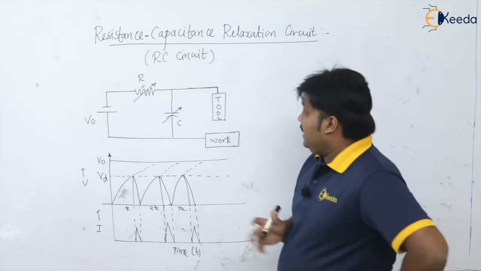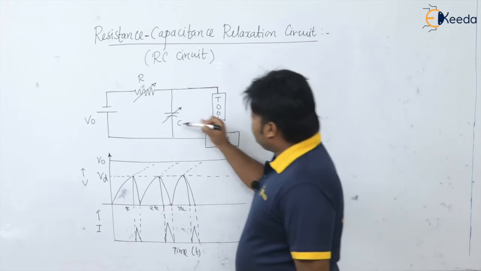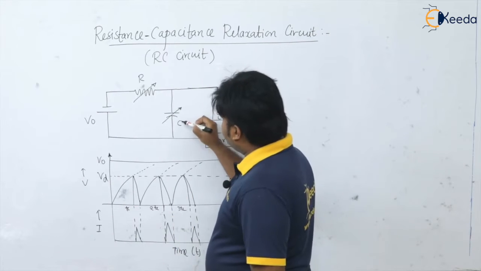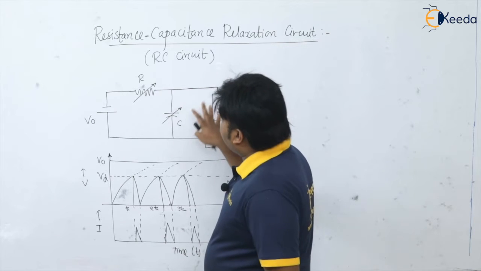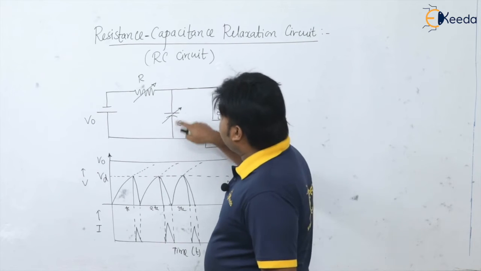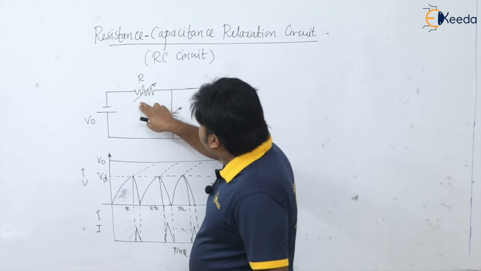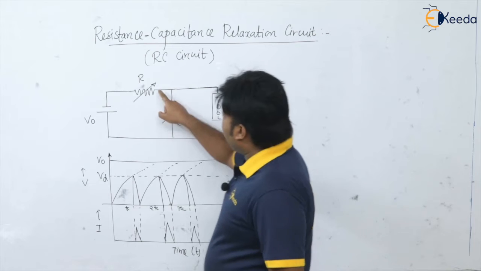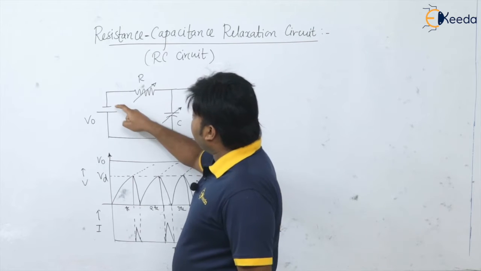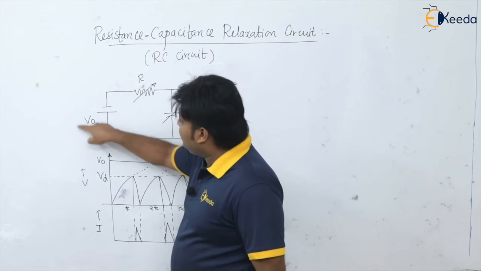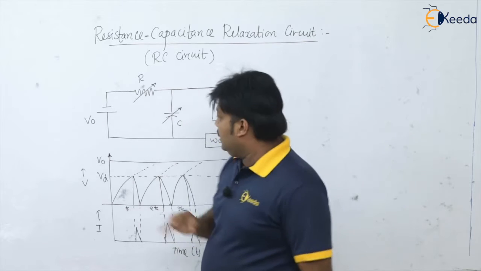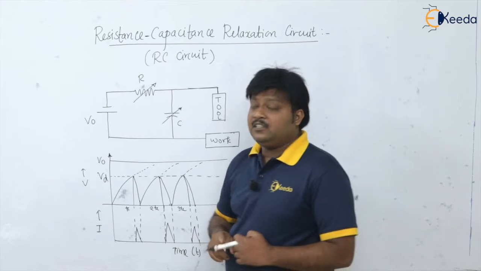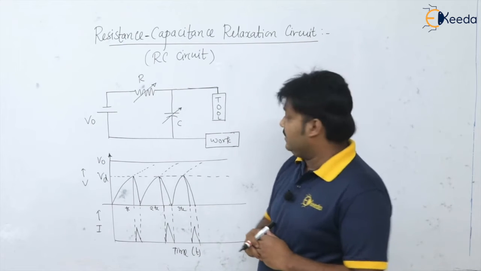As shown in the figure, the capacitor, which may be a variable capacitor, is charged through this variable resistance R, and is supplied with the DC source voltage VO. This can be seen in this simple RC circuit.